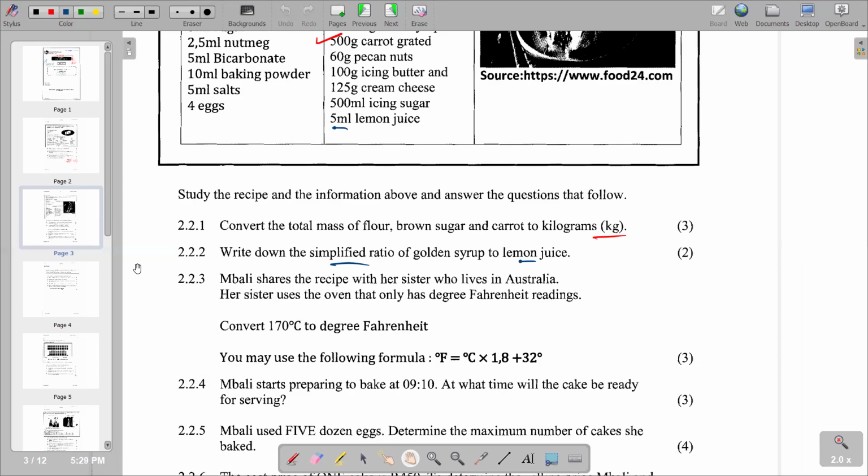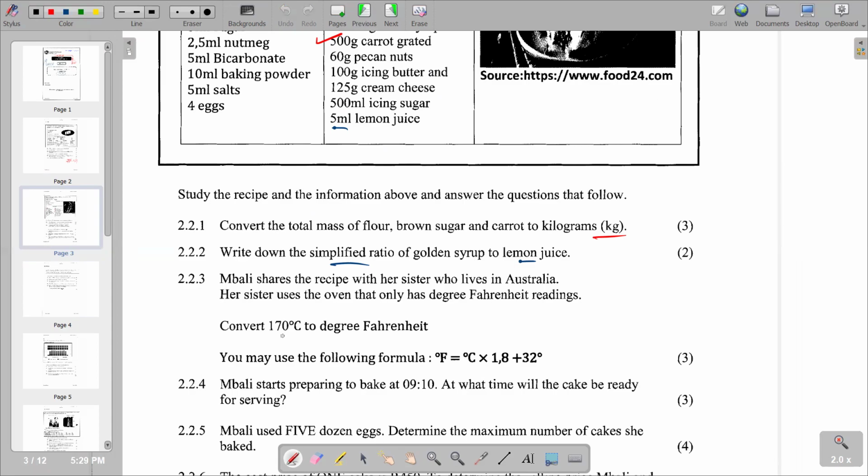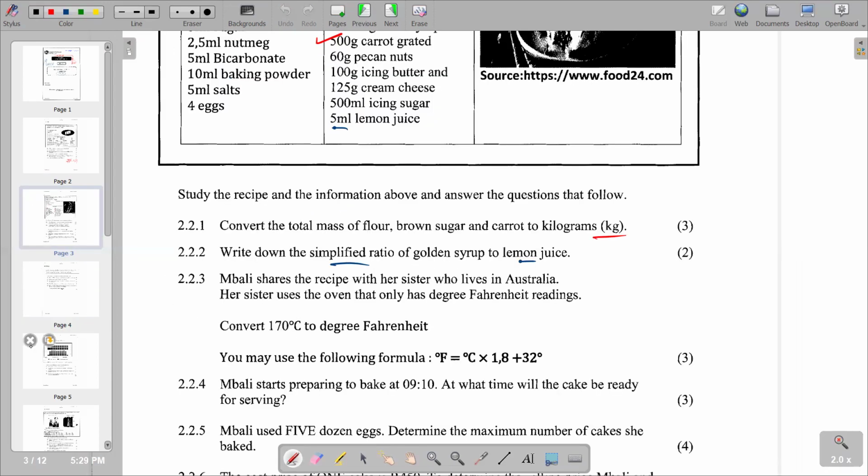So we are saying 2.2.3. We are going to say degrees Fahrenheit is equal to, go back, we see that we have degrees Celsius, which we are given as 170. So we substitute there 170 times 1.8.